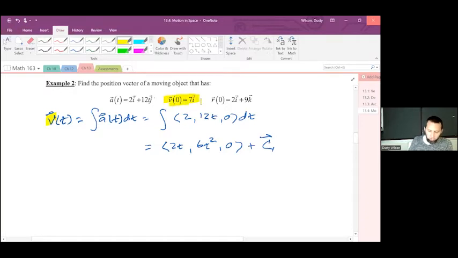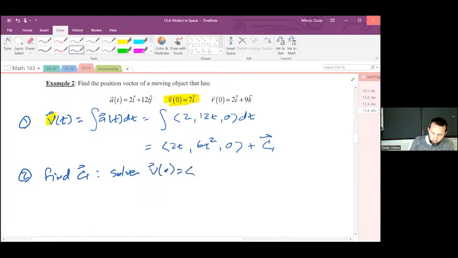So this whole thing is our v, and we note that v at 0 has to be equal to 7i. This is kind of step 1. So for step 2, we need to find that c vector. So we'll solve for v of 0, substituting into the velocity vector that we just found.